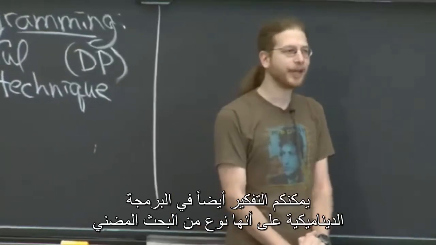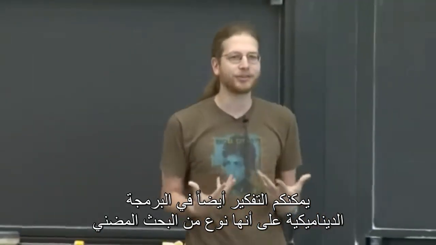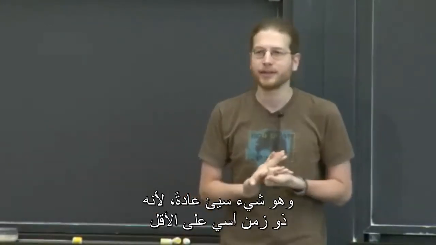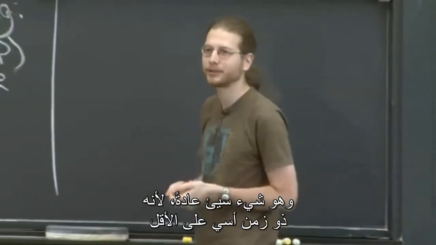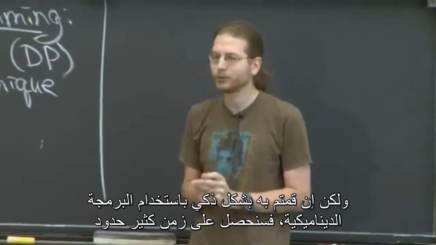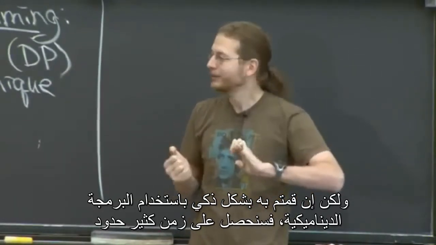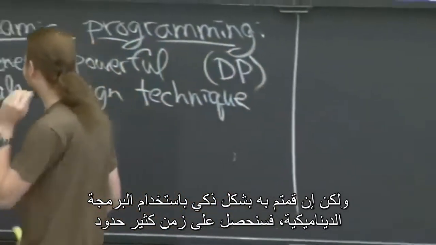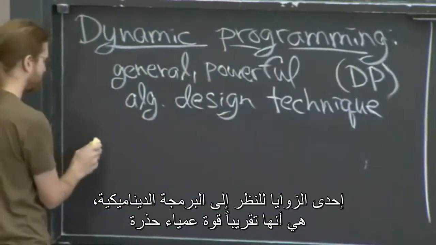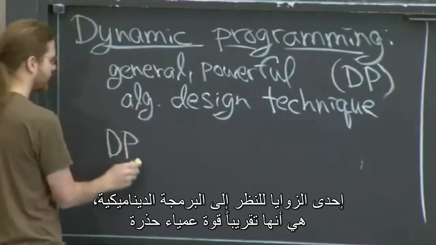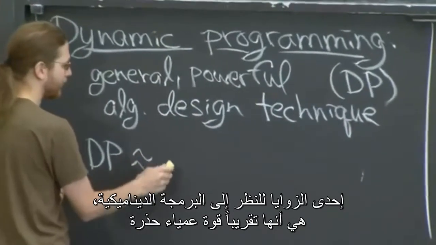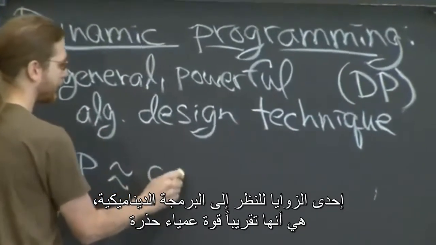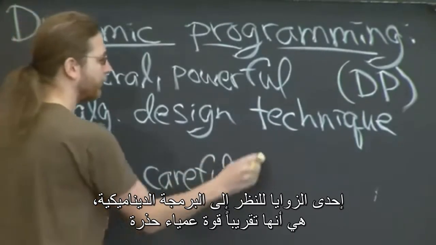You can also think of dynamic programming as a kind of exhaustive search. Which is usually a bad thing to do because it leads to exponential time. But if you do it in a clever way, via dynamic programming, you typically get polynomial time. So one perspective is that dynamic programming is approximately careful brute force.